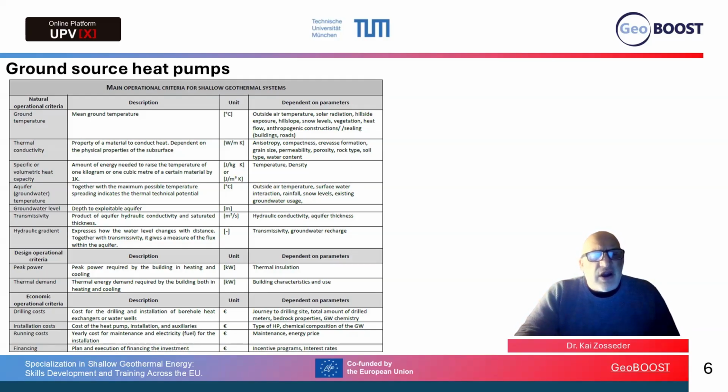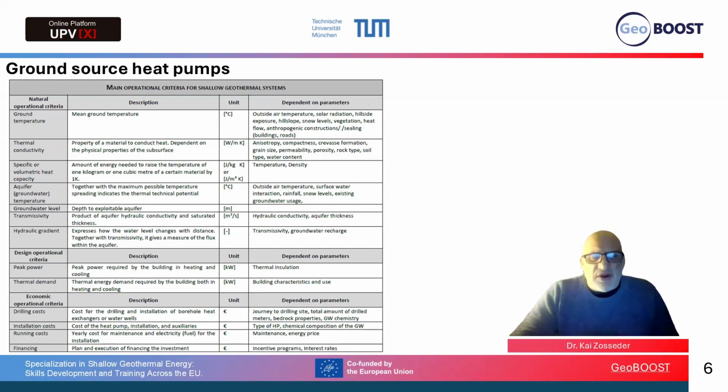If we look at the open loop systems, we need different parameters. We have to know the groundwater condition in the underground. So we have to know where the groundwater levels are, how much groundwater we have in the underground, what the aquifer thickness is, and also what the aquifer temperature is.